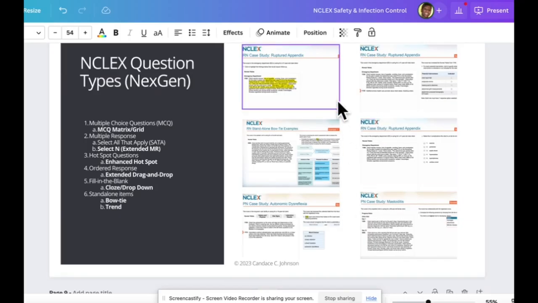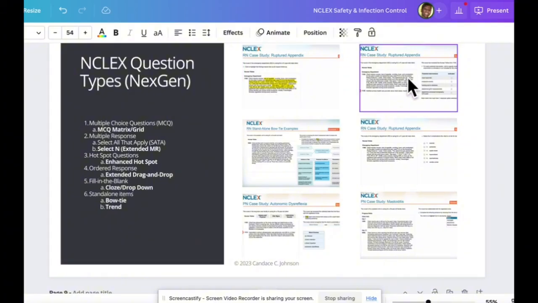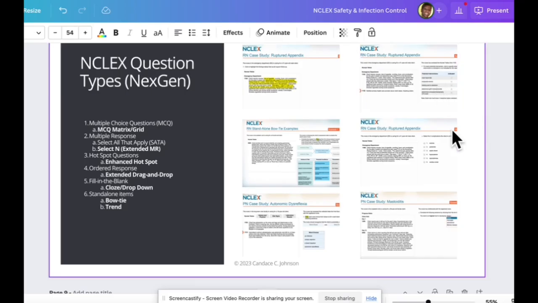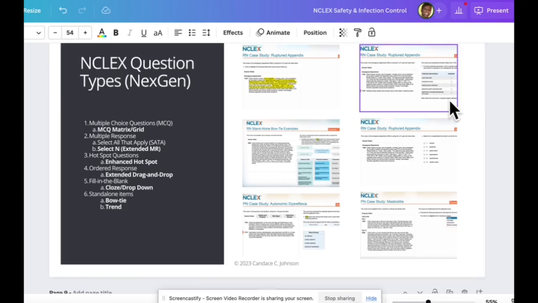These are the next gen questions or the new types. All right, and they're going to include the highlighting style questions where you use an actual highlighting tool within the test to demonstrate to the algorithm which of those findings you would select. All right, there's also the multiple choice matrix grid, also the multiple response matrix grid, pretty straightforward.